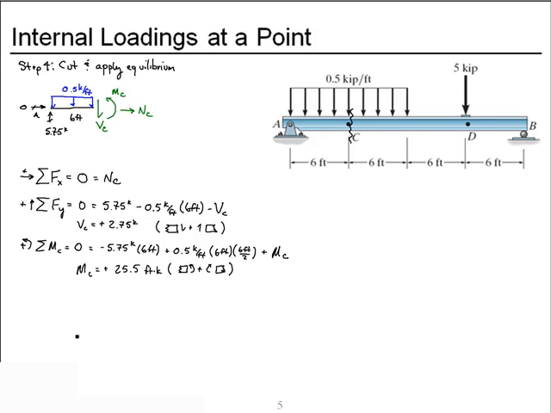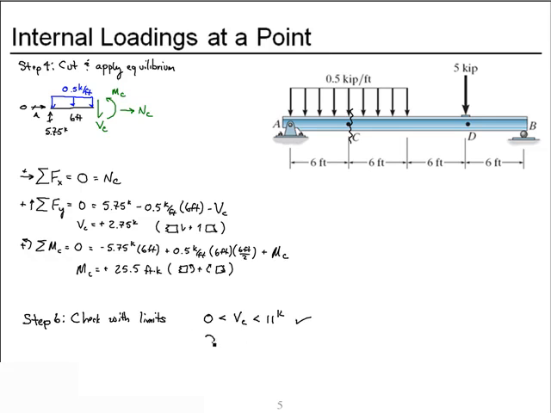Now let's jump to step 6. And our check with the limits. Said the shear had to be greater than 0 and less than 11 kips. And we got 2 3/4, so it is.